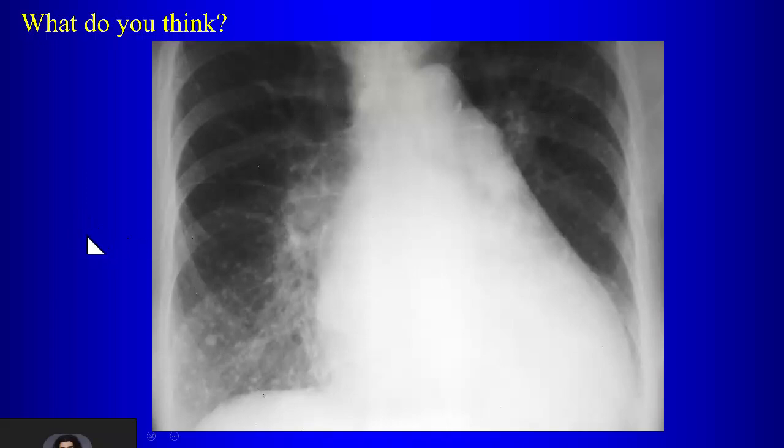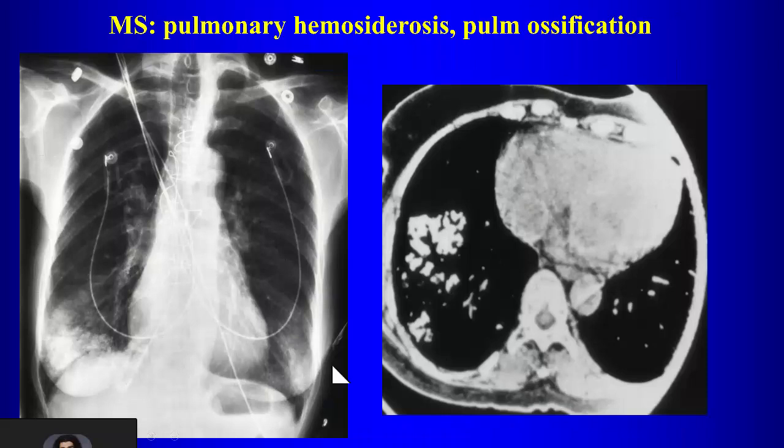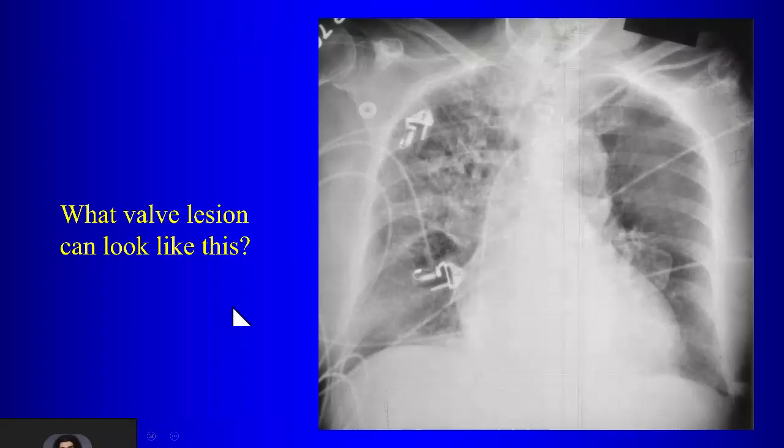So this is from pulmonary hemosiderosis. All right. So these are areas from the pulmonary venous hypertension. These patients can develop small areas of hemorrhage in the lung that go on to ossify. So they develop really pulmonary ossifications. So this is a late manifestation of rheumatic heart disease, these pulmonary ossifications.